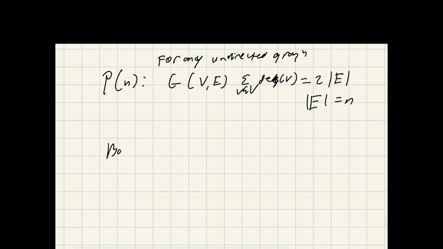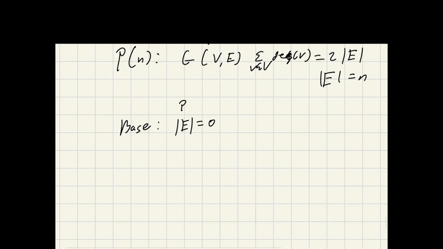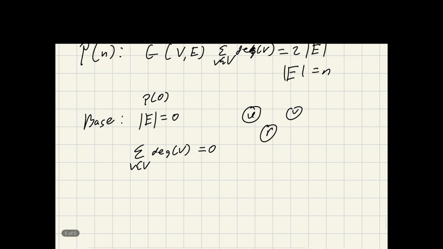So let's get into the base case. This is what allows us to even try to prove it by induction. So we know that E is going to equal 0 because we're proving P of 0, where the edges are 0, right? So the sum of the degrees in the graph, rather, is going to equal 0 because this is exactly this example where we had U, V, anyone else, R, so on and so forth.